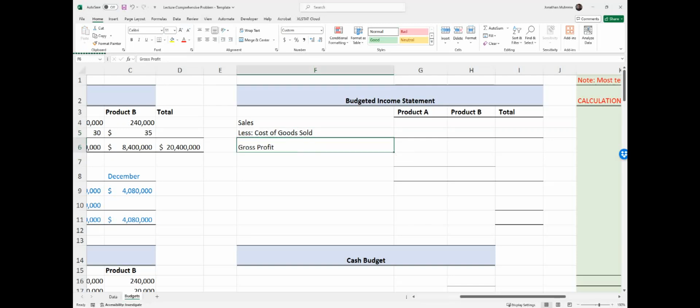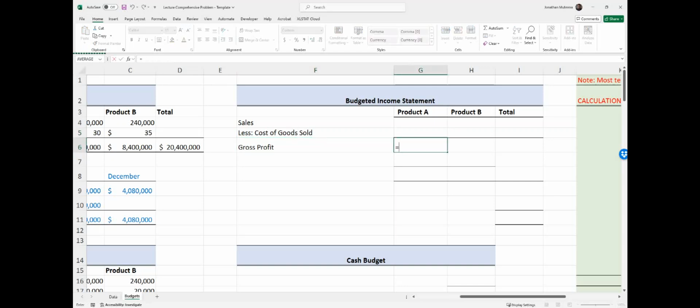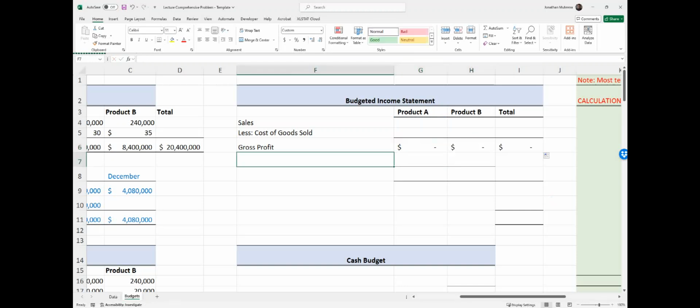Then the next thing we're going to do is subtract our selling and administrative expenses, or our operating expenses. In this case, we only have our selling and administrative expenses.